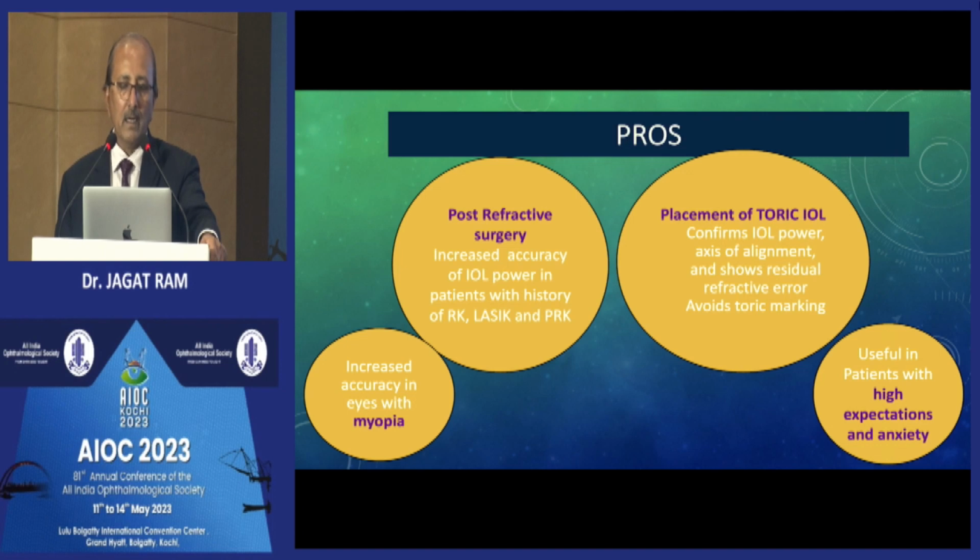What are the benefits? What are the pros? It can be effectively used in myopia, post-refractive surgery, placement of toric IOL, checking the axis, whether any further rotation is required or not, and in many other situations, such as radial keratotomy.